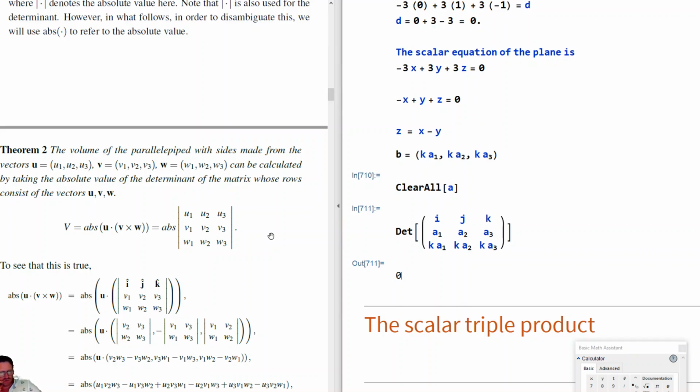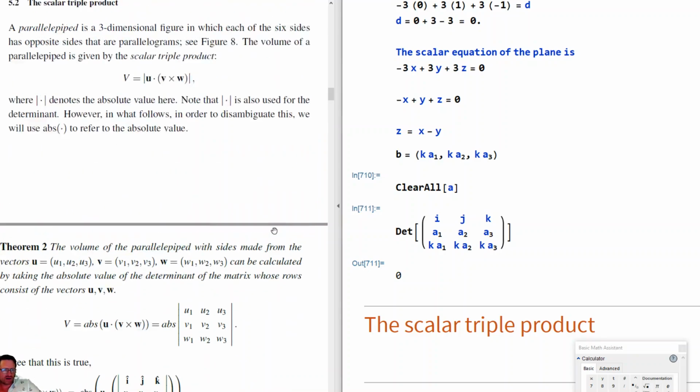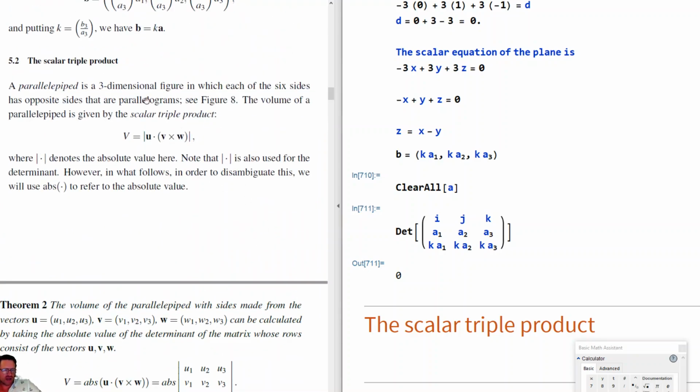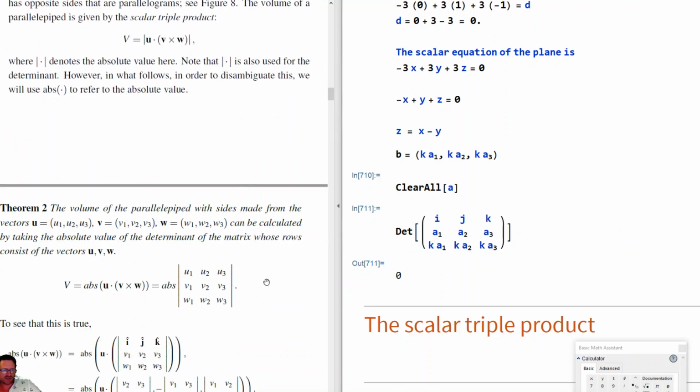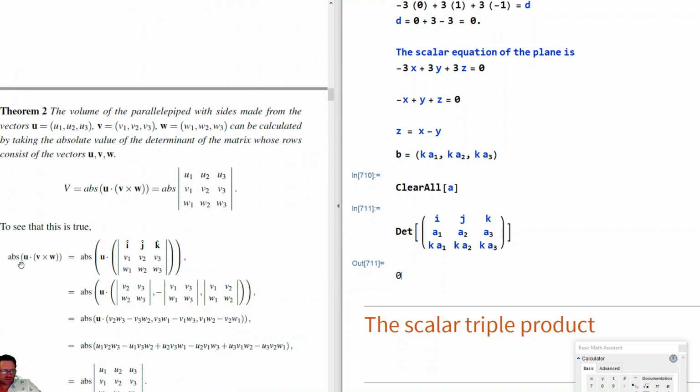Alright, but let's go over why this is true. Now up here it's given as the absolute value of u dot v cross w, but I'm going to show you that that's the same as this. Alright, so the absolute value of u dot v cross w is the absolute value of u dot the cross product here, which remember is a determinant.